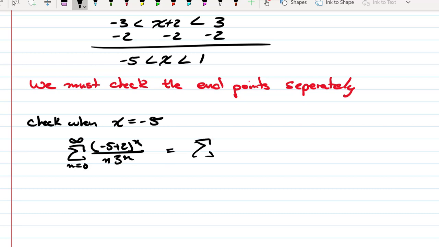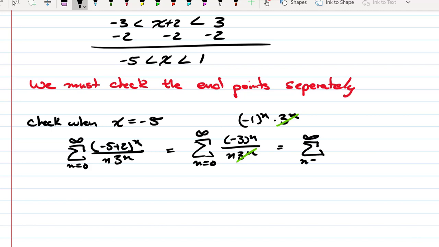So this simplifies to the sum of negative 3 to the n all over n times 3 to the n. We can write that as negative 1 to the n times 3 to the n, and the 3 to the n's are going to reduce out. So we get the series as n goes from 0 to infinity of negative 1 to the n over n.